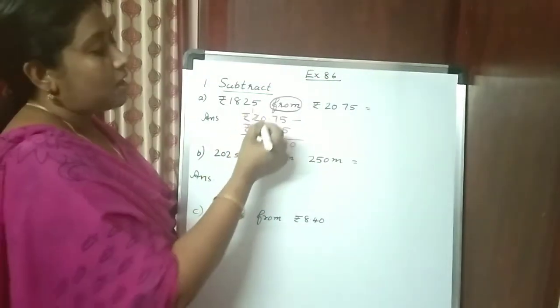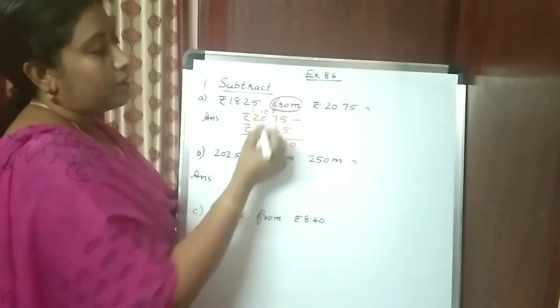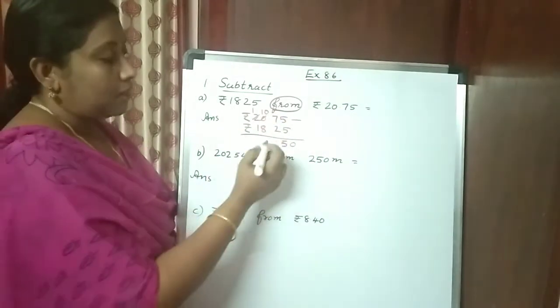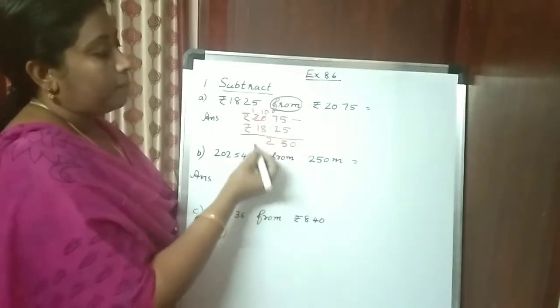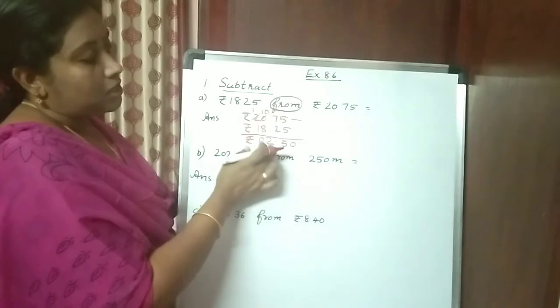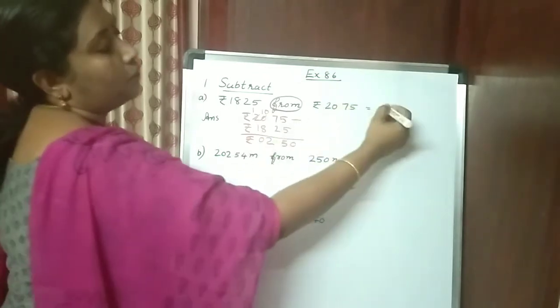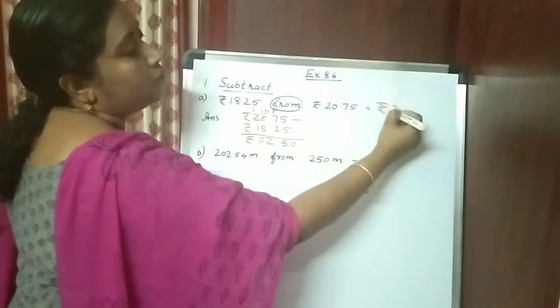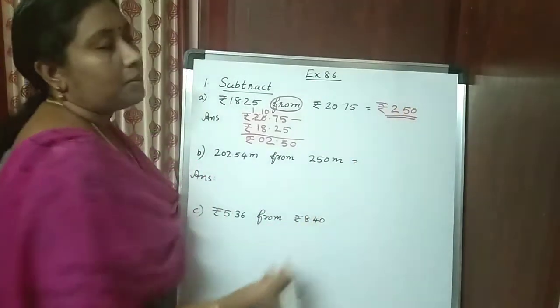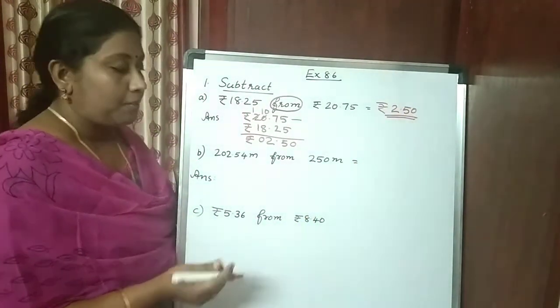This 2 becomes 1 and this 0 becomes 10. 10 minus 8 is what? 10 minus 8 is 2. Then 1 minus 1 is 0. So what is your answer? 2.50 rupees. 2.50 means 2 rupees 50 paise.